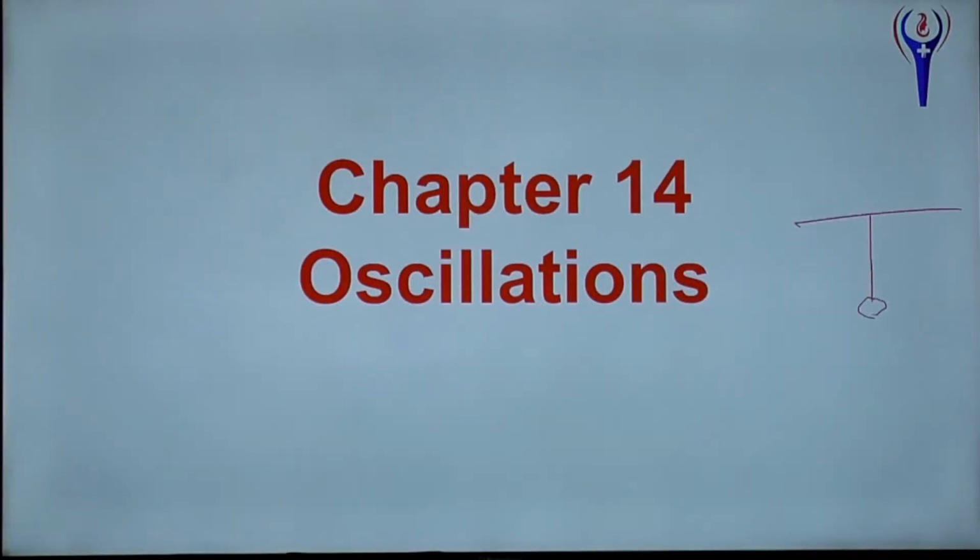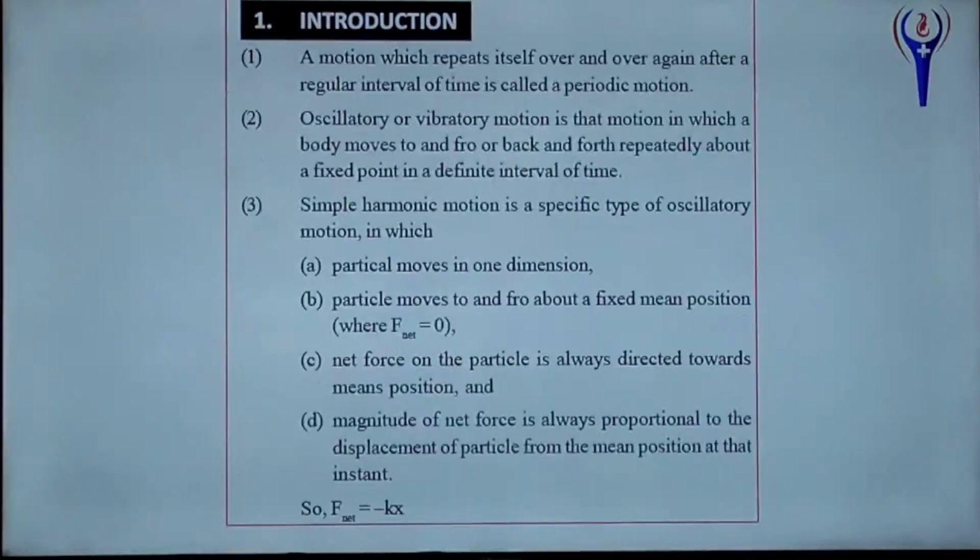What is the name of this, simple pendulum? The question is also very simple. What is oscillation? To and fro motion. This is to and this is fro. To and fro motion, that is oscillation. Okay. To and fro motion or back and forth motion, that is called oscillation.